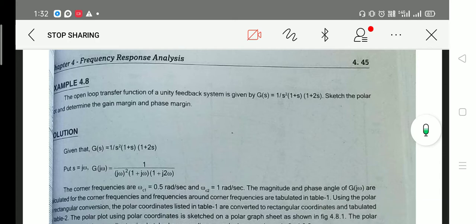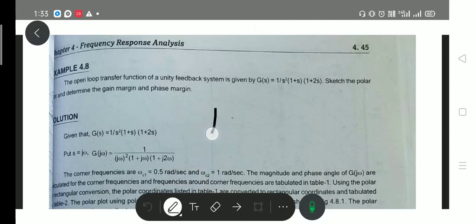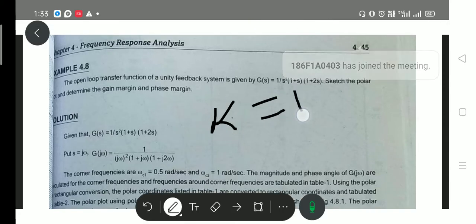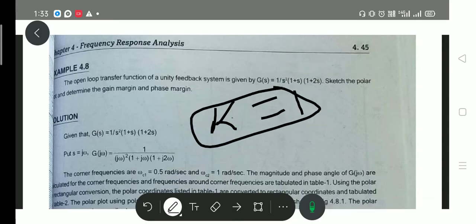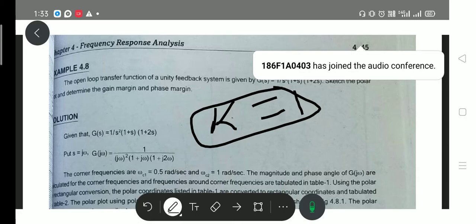What is the first step of polar plot? First, put s equal to j omega. In the problems, if any place K is there, in that place K can also be put as 1. Here there is no K term, so we don't require that step.